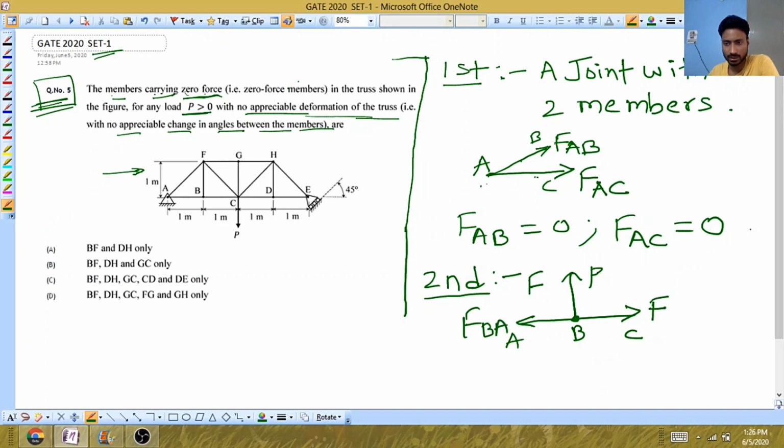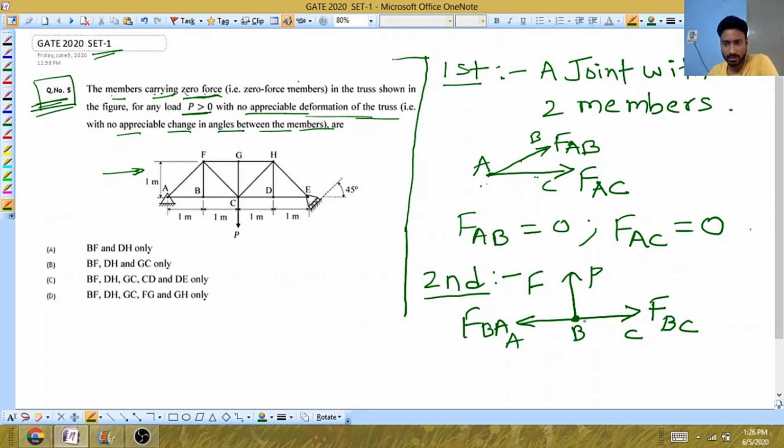You can see which two members are collinear: members AB and BC. These two members are collinear. Collinear means what? Lies in the same line.